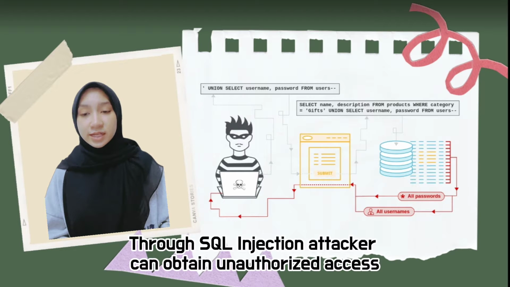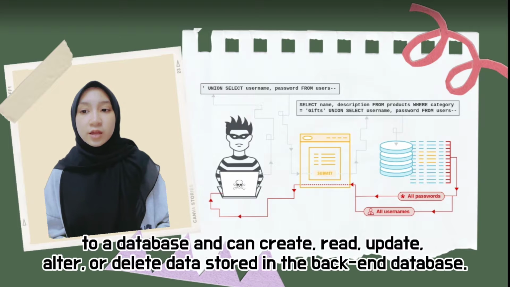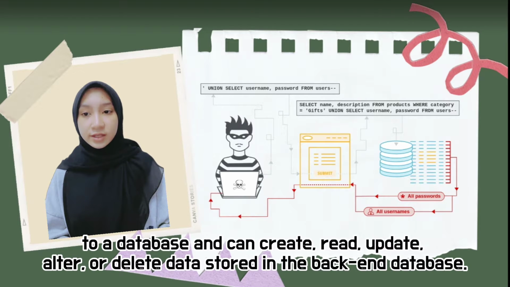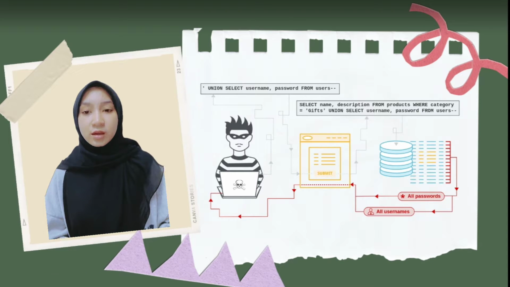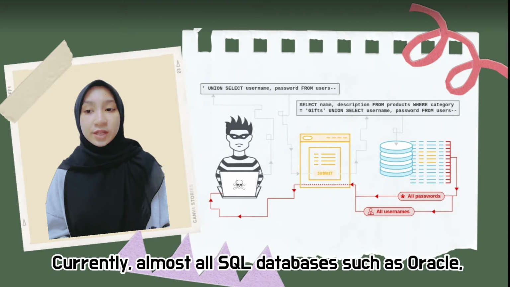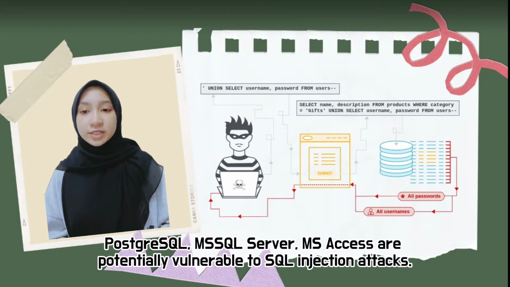Through a SQL injection, an attacker can obtain unauthorized access to a database and can create, read, update, alter, or delete data stored in the backend database. Currently, almost all SQL databases such as Oracle, MySQL, PostgreSQL, MS SQL Server, and Microsoft Access are vulnerable to SQL injection attacks.